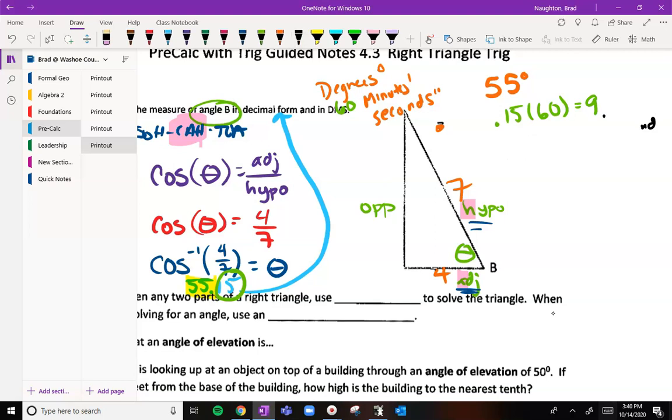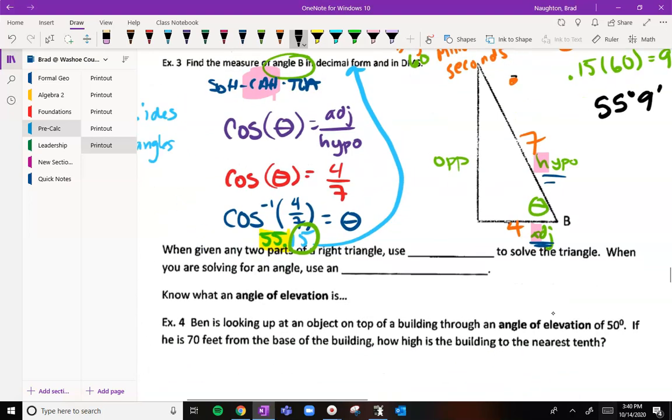But since we don't, it goes in nice evenly. We're going to say it's 55 degrees, 9 minutes, and then 0 seconds if you want to get real fancy. The 2 tick marks is for seconds, but we'll just stop there. Cool? So that's our DMS for degrees, minutes, seconds.